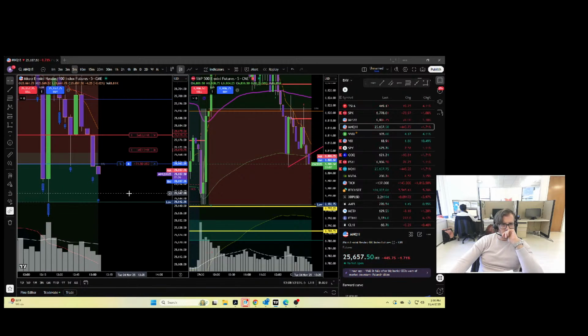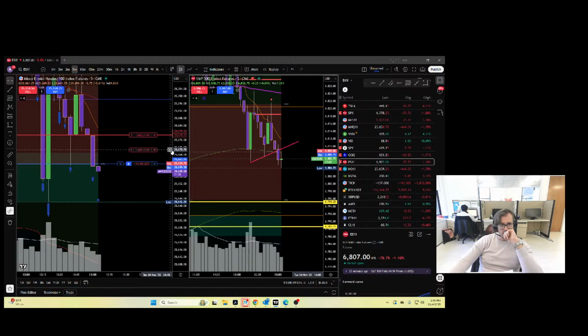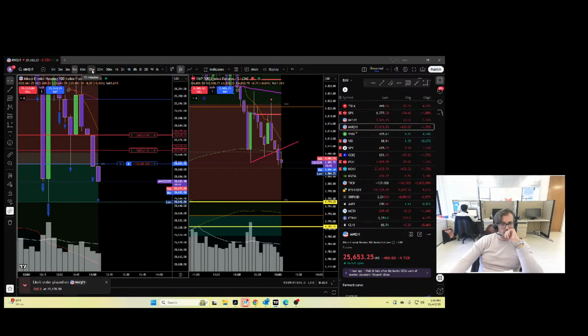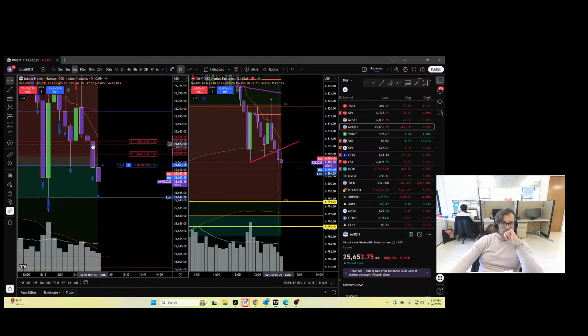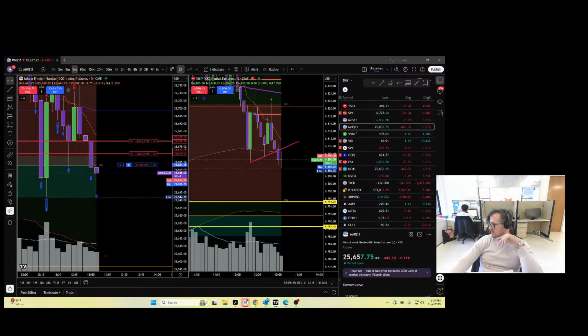Yeah, I mean, this is 1, 2, 3. It'll probably come back up to test the 5-minute EMA sometime. It could sell off, but anything else you want me to look at?